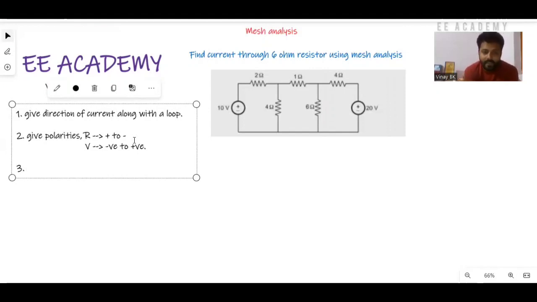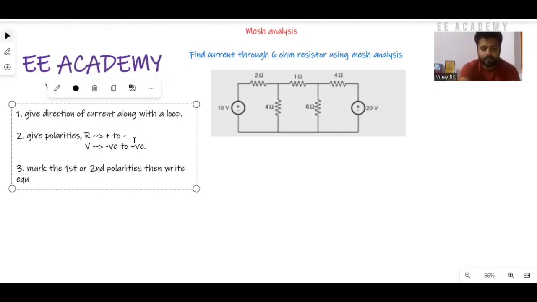Once after giving that, then write equations accordingly to get the unknown values of branch currents.